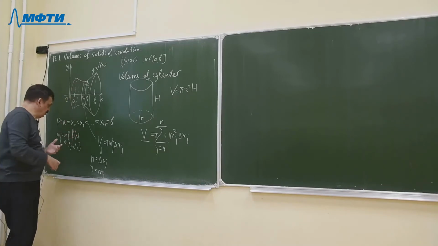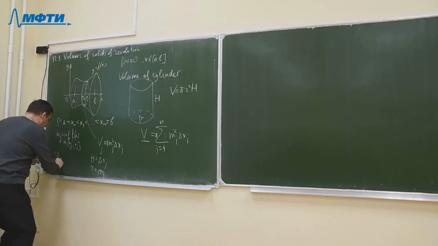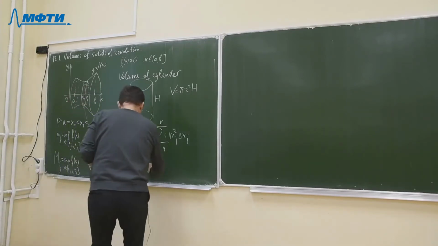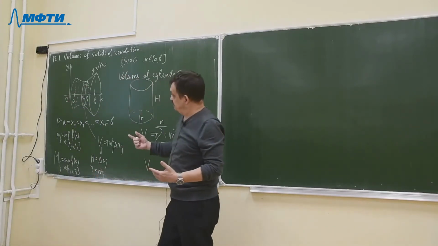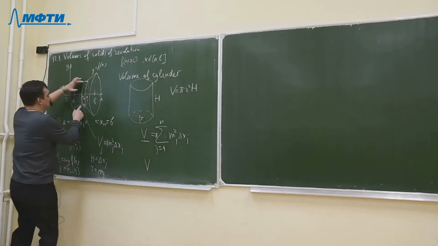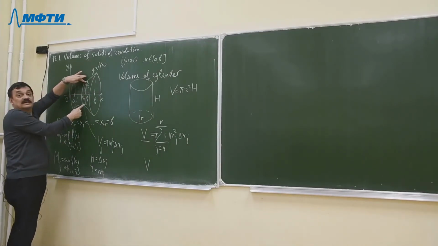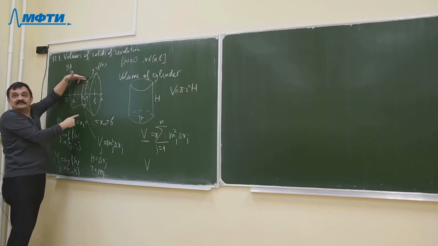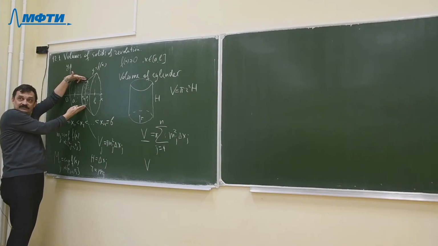Analogously, if we consider capital M_j, which is the supremum over x in x_{j-1}, x_j, then instead of this cylinder which is inside our solid, we'll consider a cylinder which will contain our part, right?